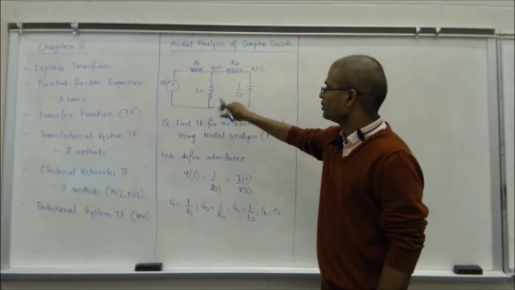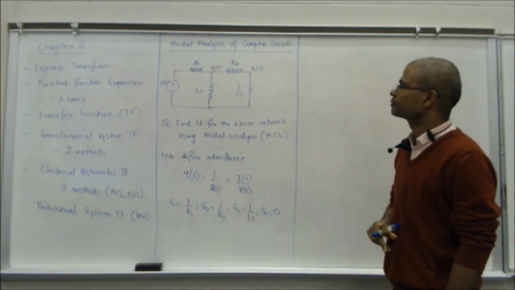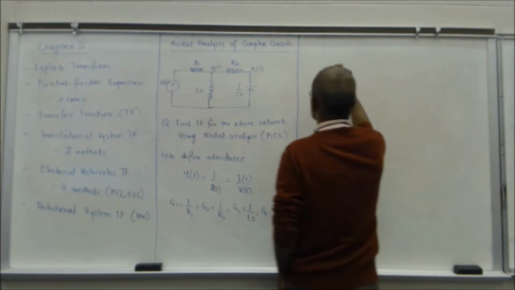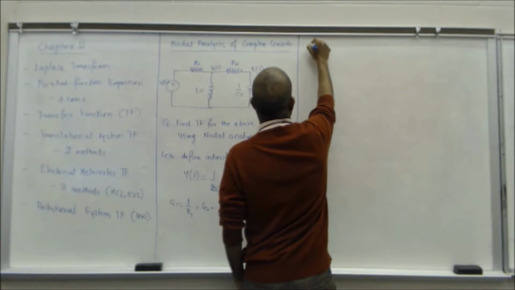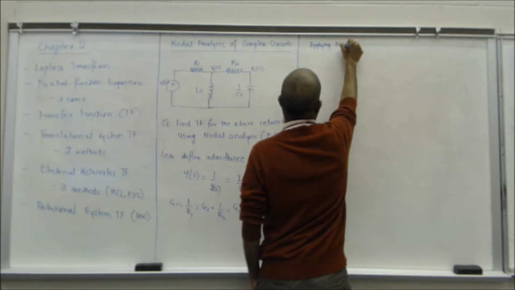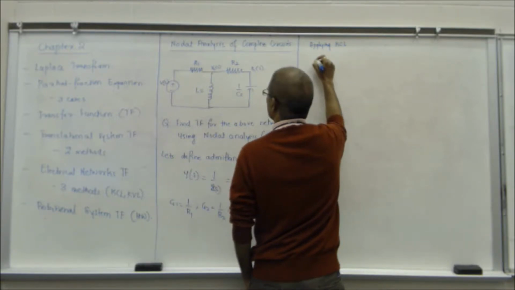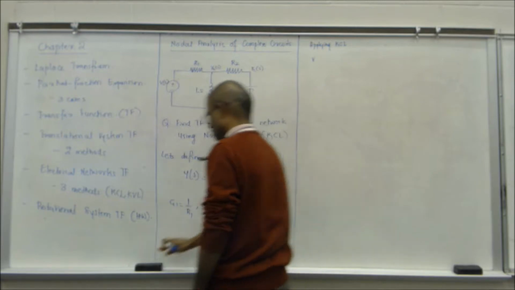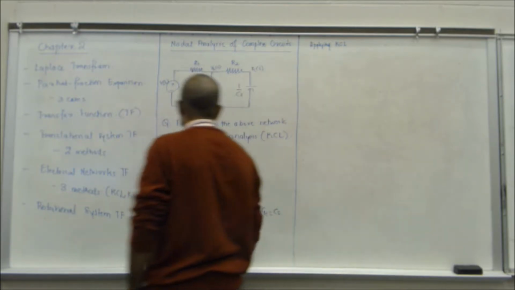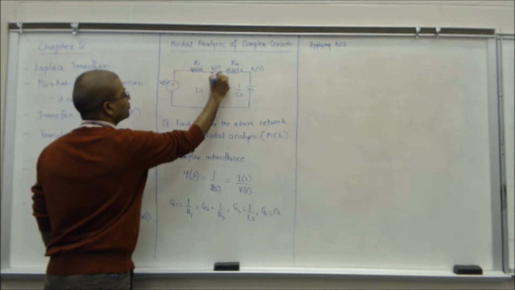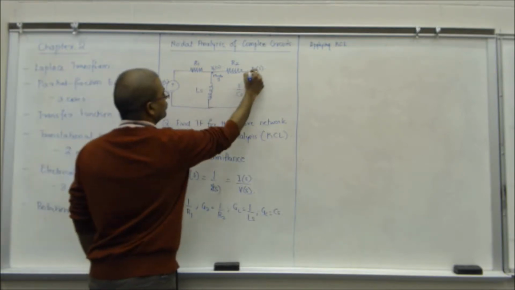Let's try to apply Kirchhoff's current law to this circuit. So what are the nodes? Can you identify the nodes? The nodes are these. This is node 1 and this is node 2, right?